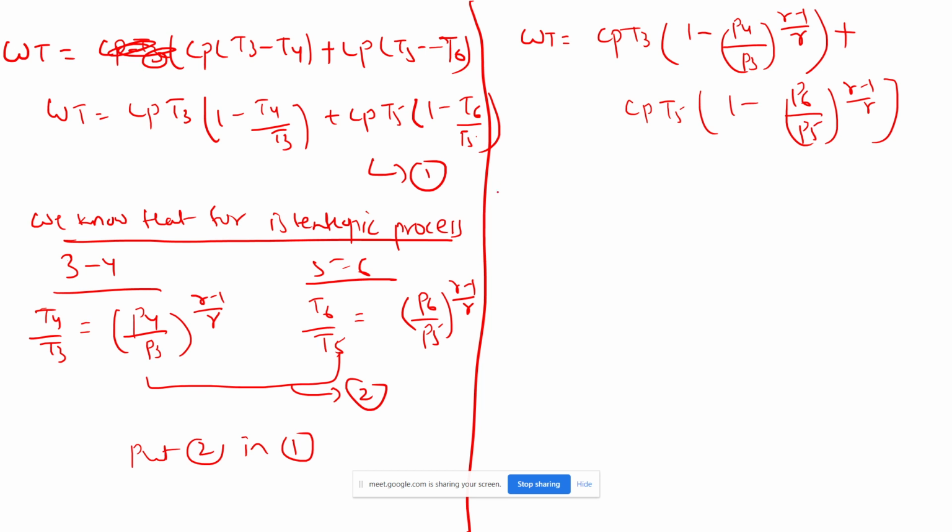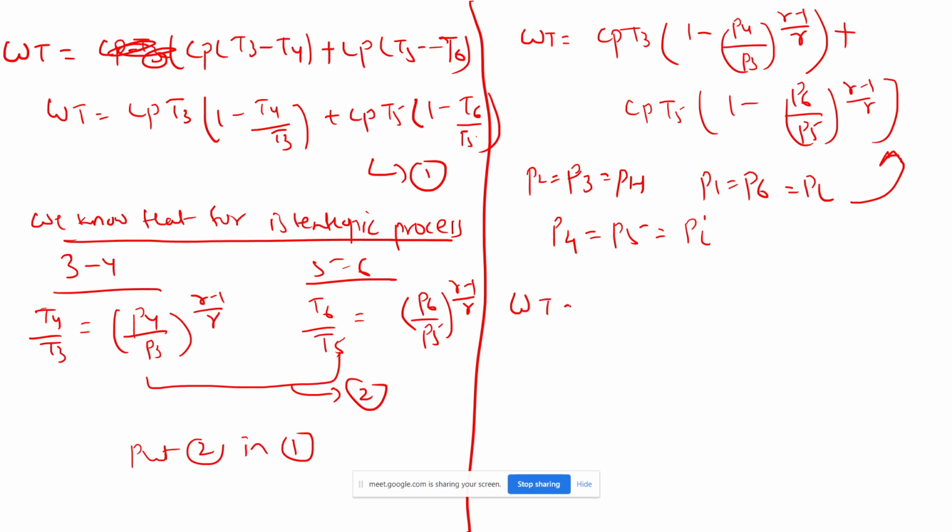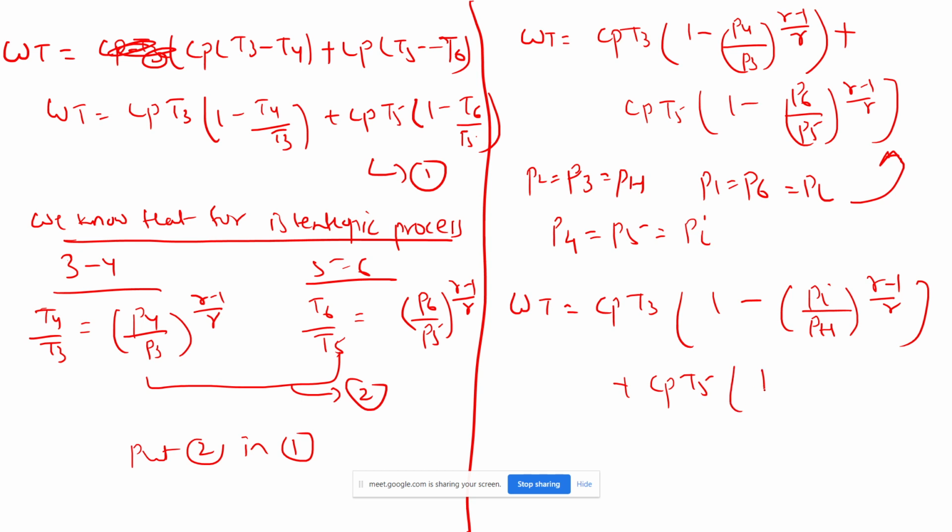Substituting the pressures, the turbine work equals Cp T3 (1 minus (Pi upon P higher) to the power (gamma minus 1) upon gamma) plus Cp T5 (1 minus (P lower upon Pi) to the power (gamma minus 1) upon gamma). Is it clear till now?